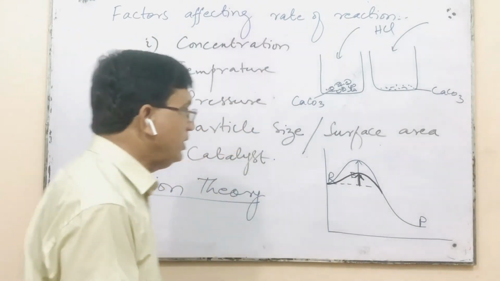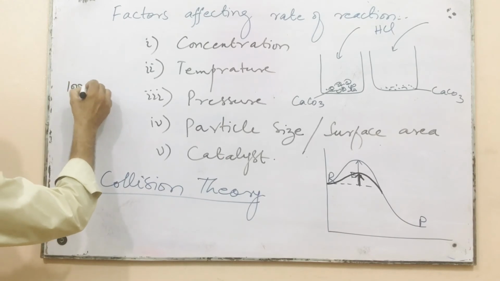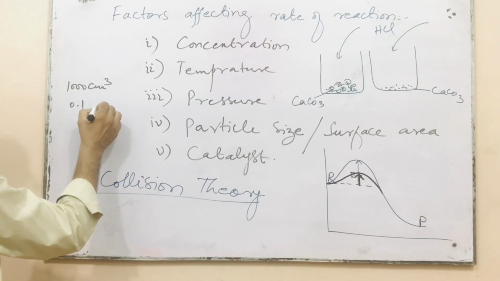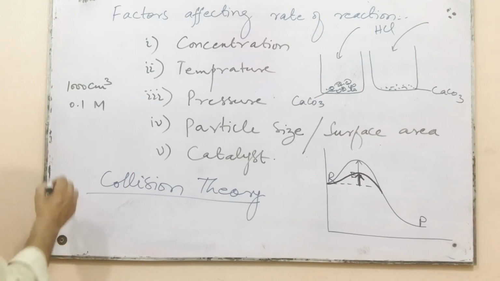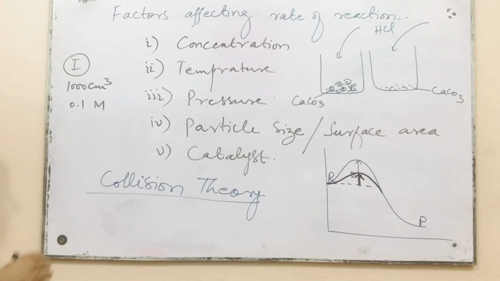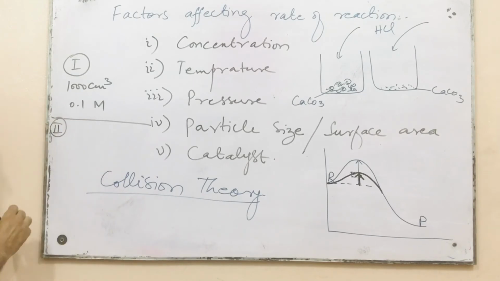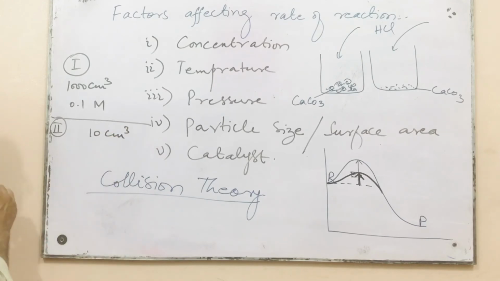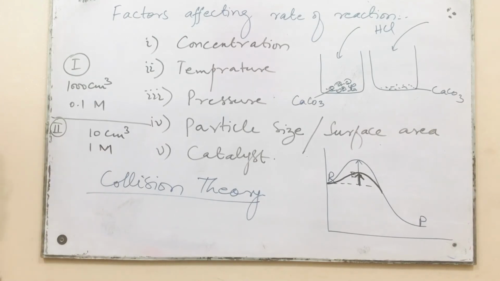For example, if I take 1000 cm cube of 0.1 molar solution, this is my first reactant substance, and the second reactant substance is, say, I take 10 cm cube of 1 molar solution.